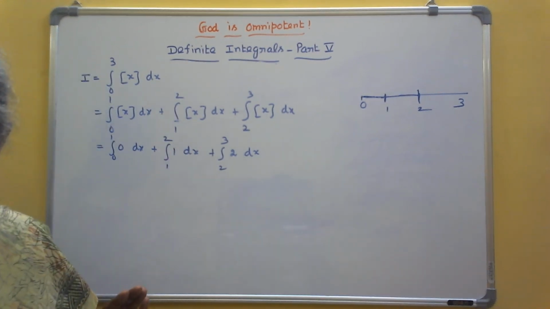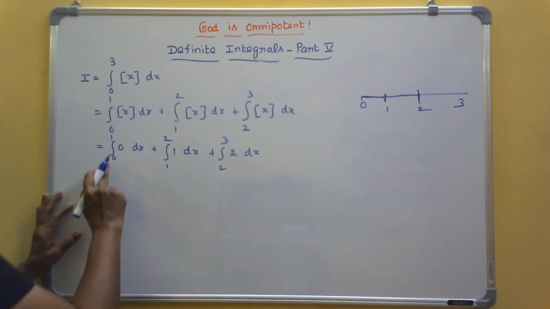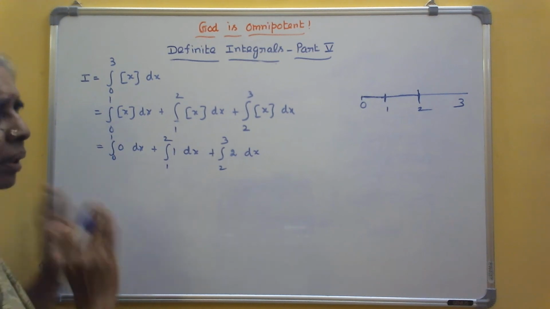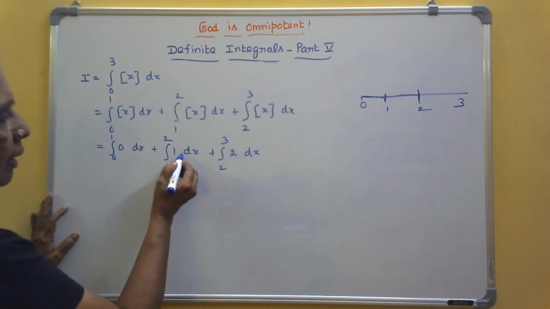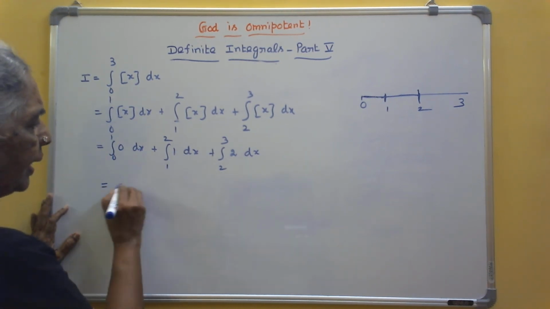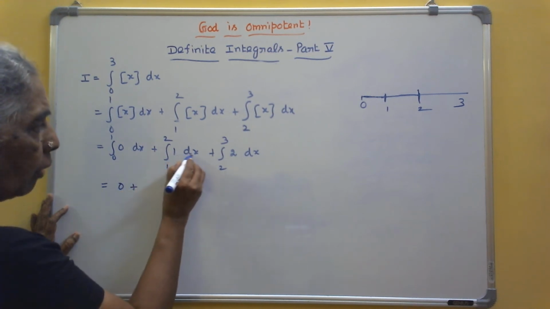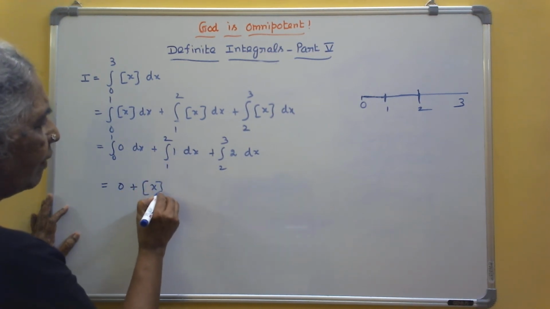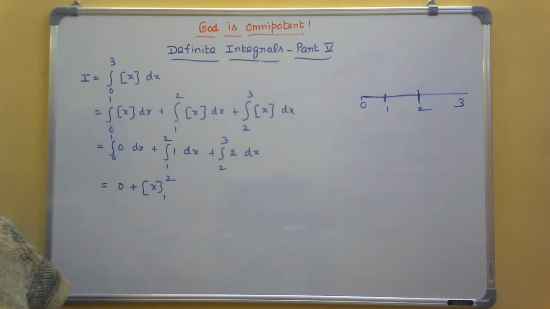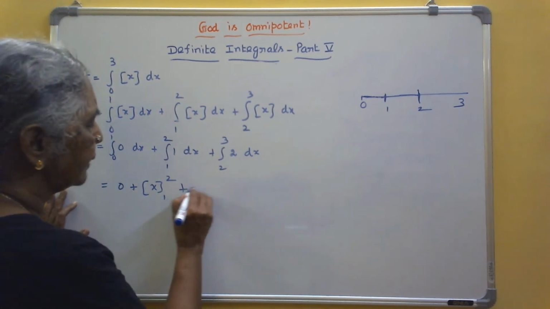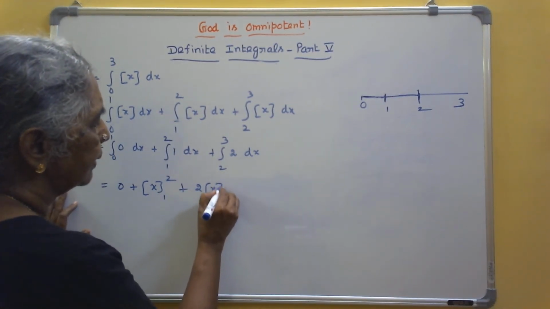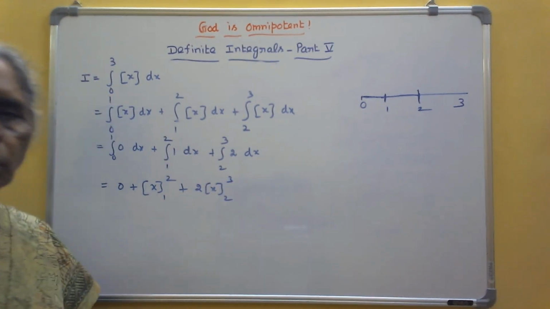Do you understand? Now, for this first part, because it is 0, you will get only 0, so I am leaving it. Here 1 dx, so I will get x within the limits 1 to 2. Here I have 2 dx, so I will get 2x between the limits 2 to 3.